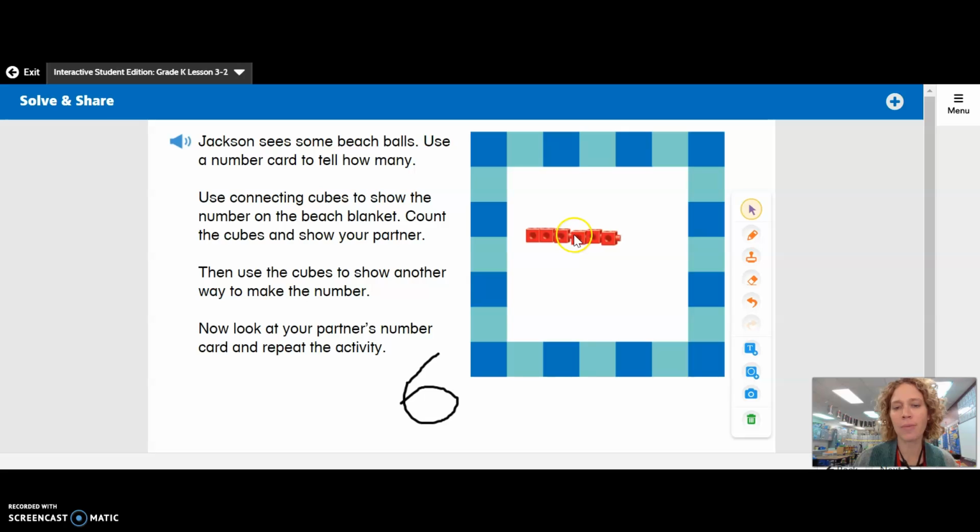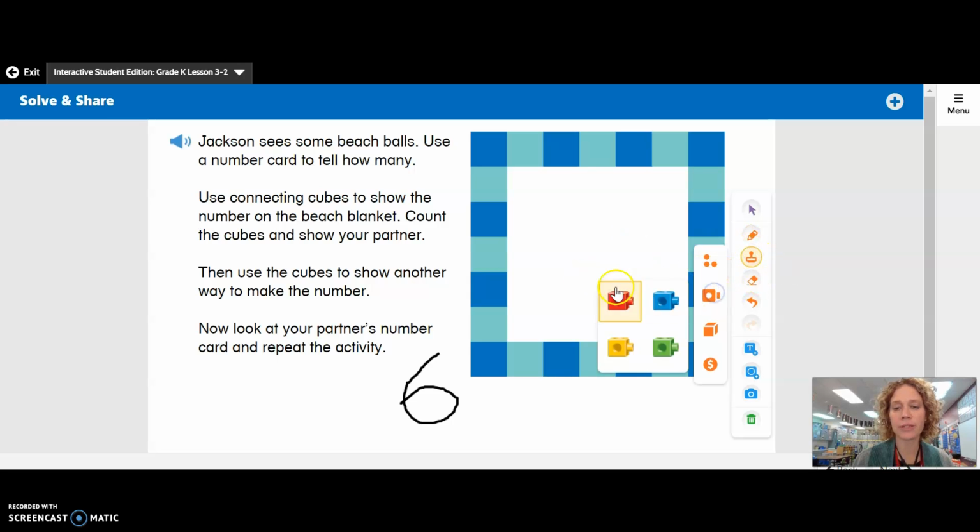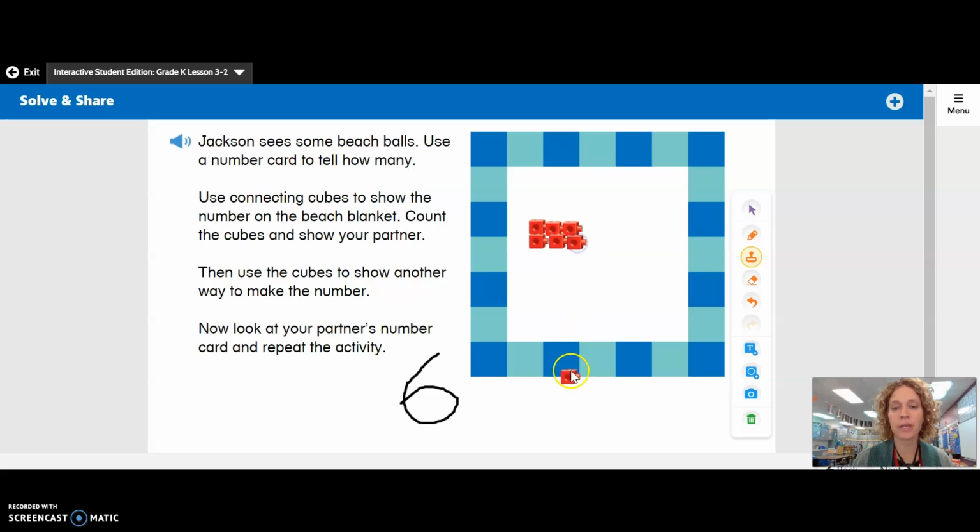I don't know if I can move those. You know what? I'm going to erase, and I'm going to show you another way to do it. Okay, I did 6 straight. Now I'm going to do this. 1, 2, 3, and then I'm going to go underneath. 4, 5, 6.